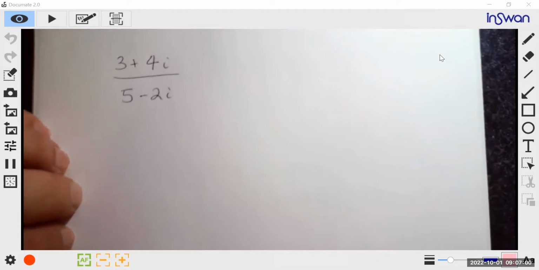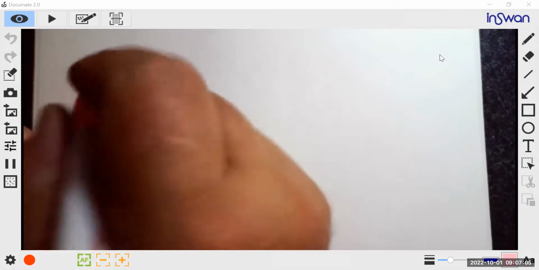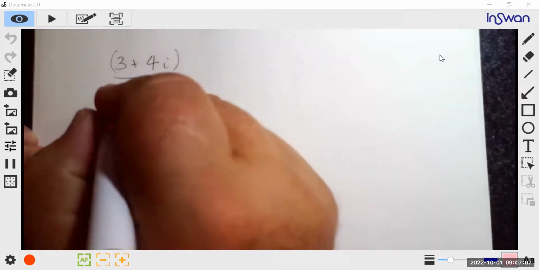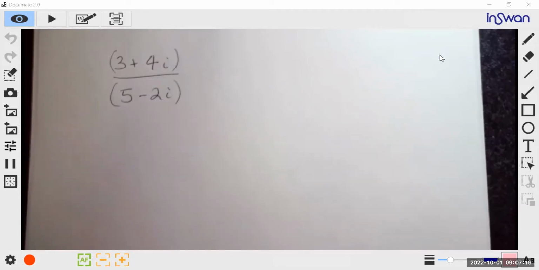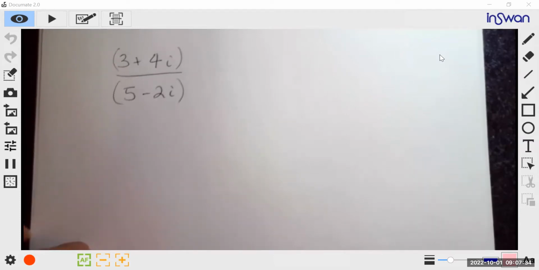There. Now we have a binomial divided by a binomial. Remember, these are single numbers. They have to stay together. So what do we multiply these guys by?